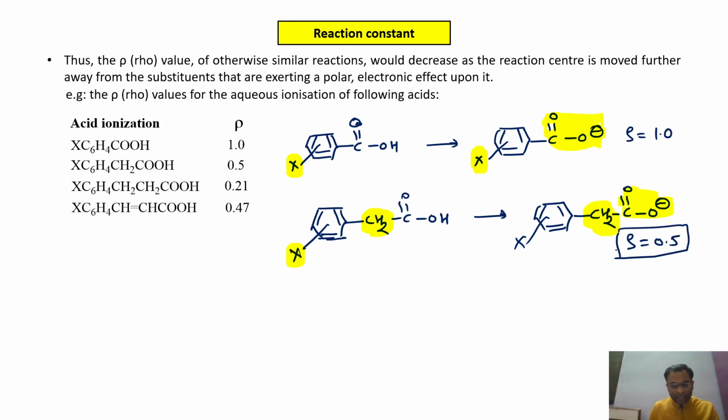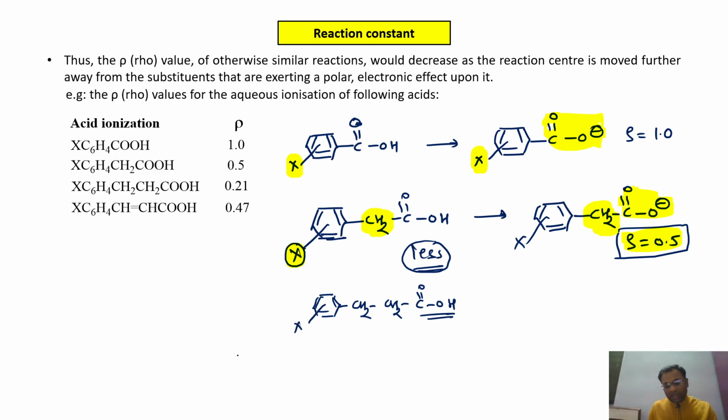This rho value clearly indicates that the second reaction is less susceptible towards the electron donating or withdrawing effect exerted by this substituent. In the third reaction, there is the introduction of two CH2 groups between the carboxylic group and the aryl group.